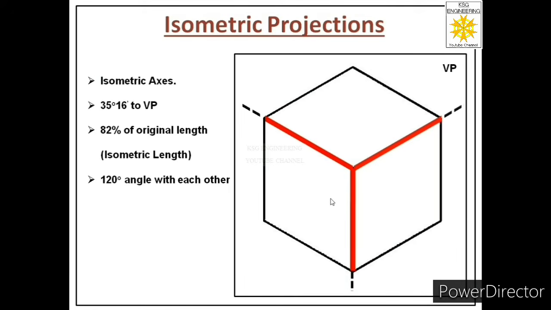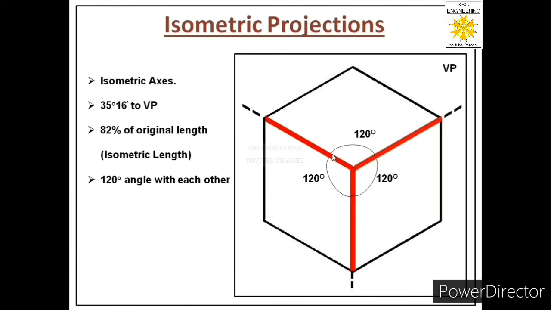Now over here we have to understand one more important point. When we draw the isometric projection of the cube, the angle between these front edges of the cube is 120 degrees. So the angle between any two edges of the cube in the projection is 120 degrees.